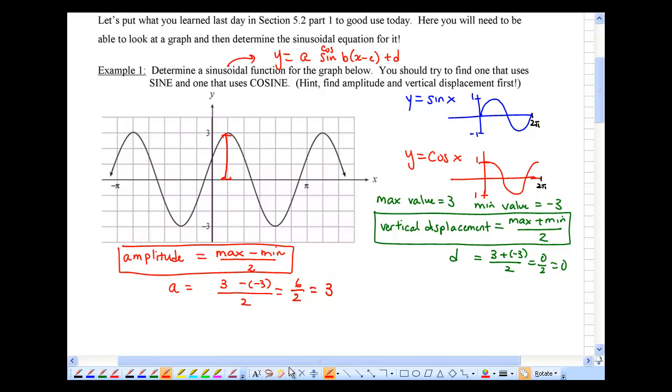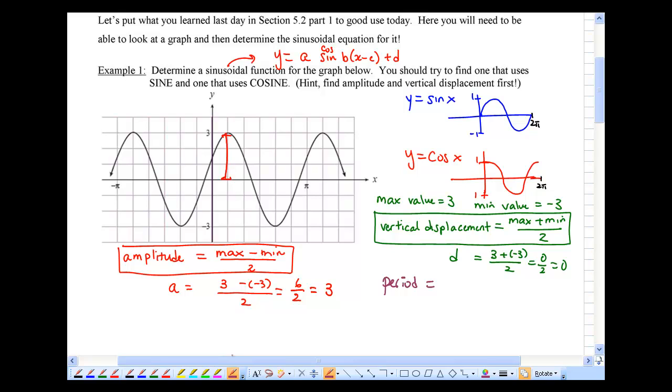The next thing I would do is try to calculate the period. The period, once again, is the horizontal length required to complete one cycle. So I'm thinking period: length for one cycle.